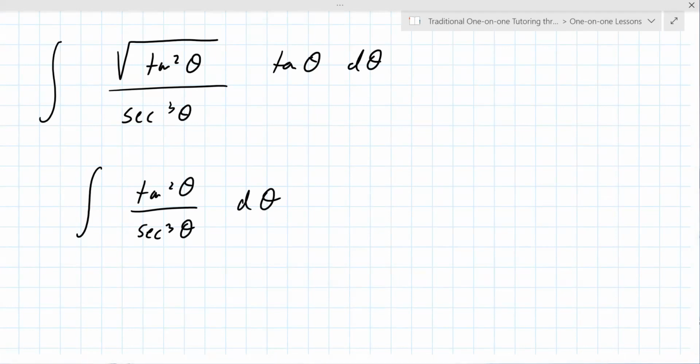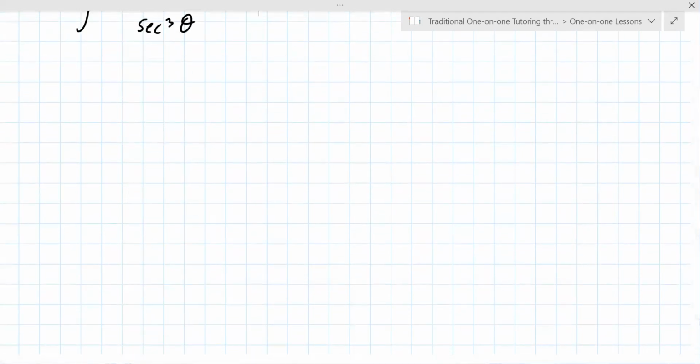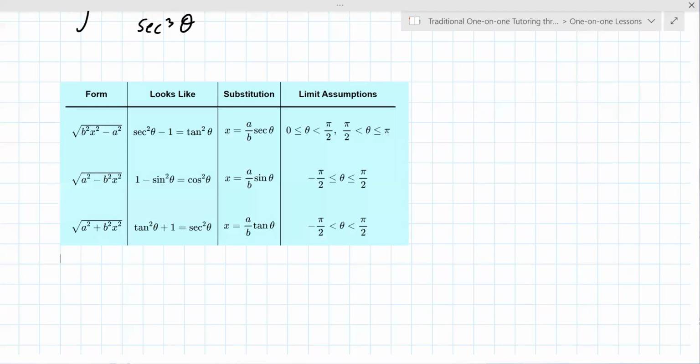Let me put this in the notes here before I go any further. We can keep going on this if you want, but there are the 3 forms that you're looking for, and they're right here. And there are the 3 Pythagorean identities that almost always accompany these.